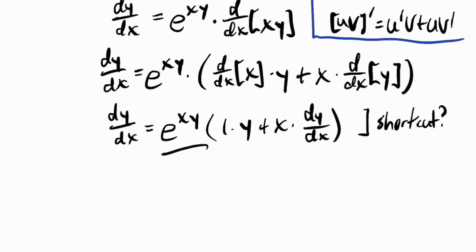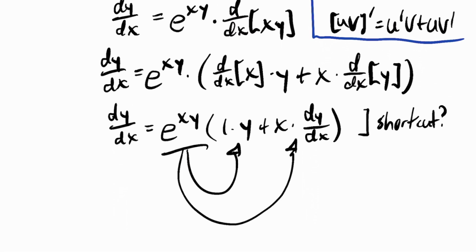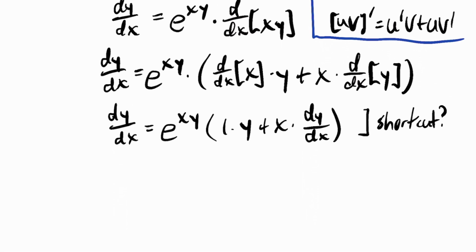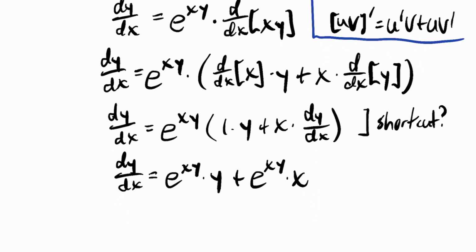I'm going to take this multiplier and distribute it onto both of those terms. So dy dx equals e to the xy power times y plus e to the xy power times x times dy dx.